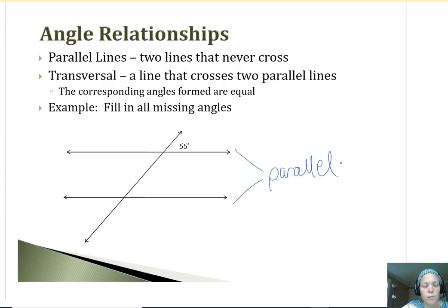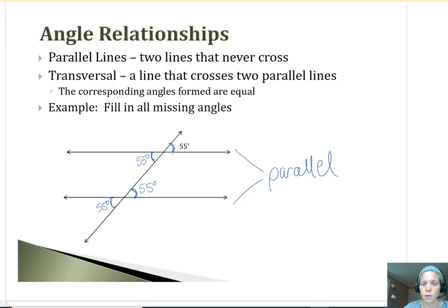We have these corresponding angles that happen. If this is 55 right here, the corresponding angle down below, that top right spot, is also going to be 55. And then the vertical angles, the ones kitty corner from each other, 55 down here, 55 down here, those would all be the same.